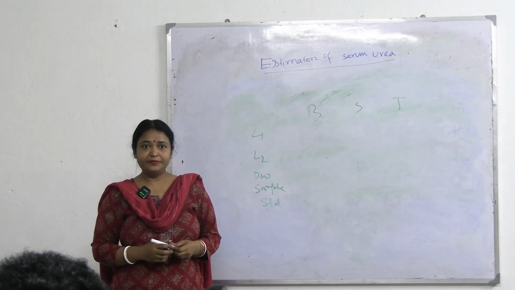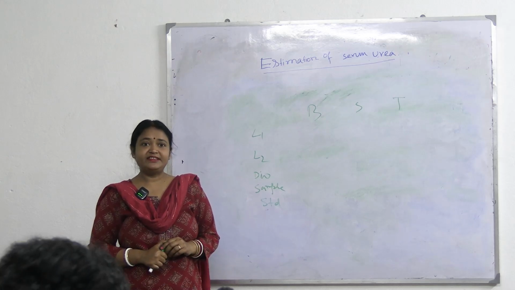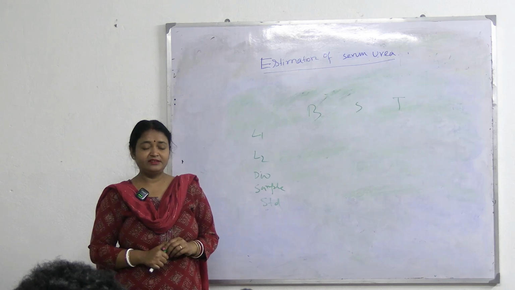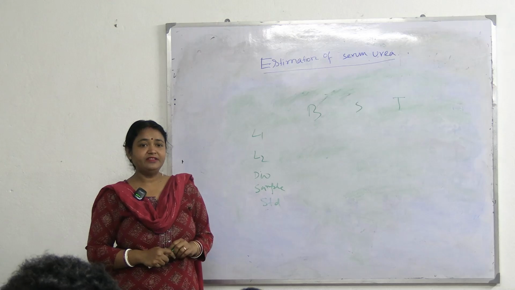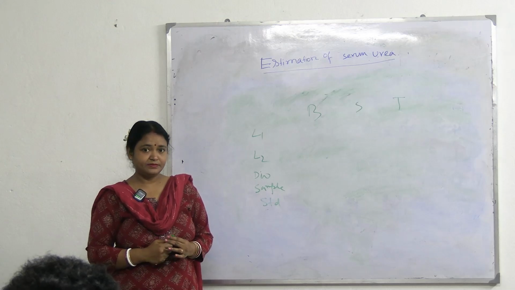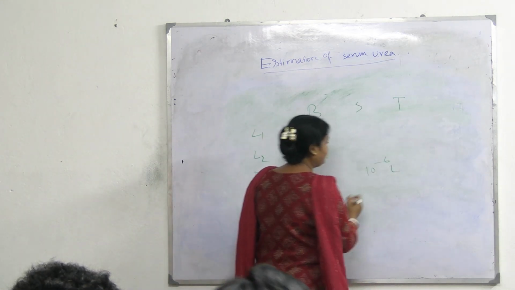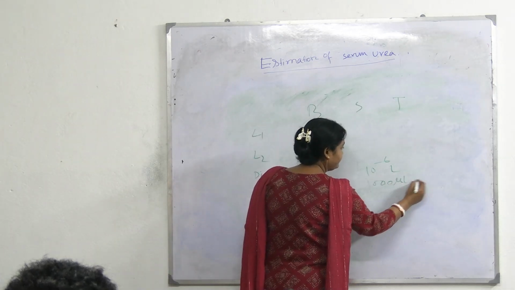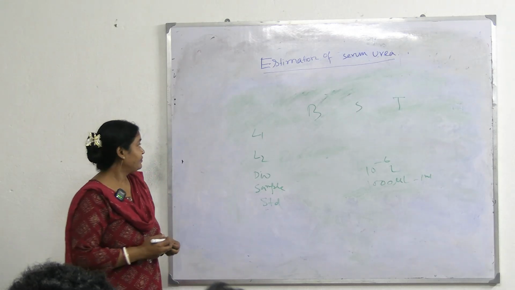You have to remember that. 10 to the power minus 6 liter means 1 microliter, and 1000 microliter means 1 ml. This one you have to remember.